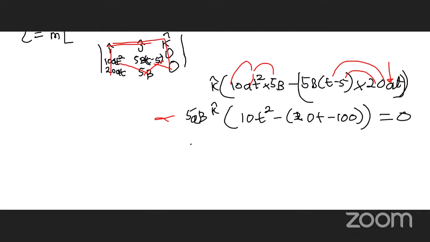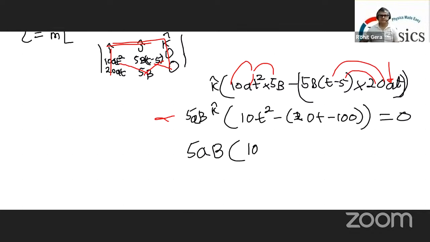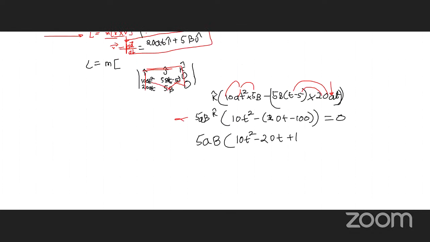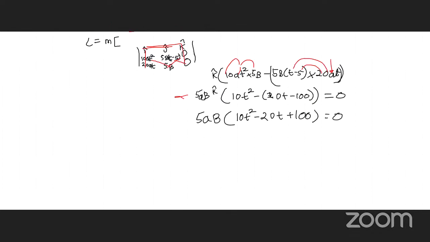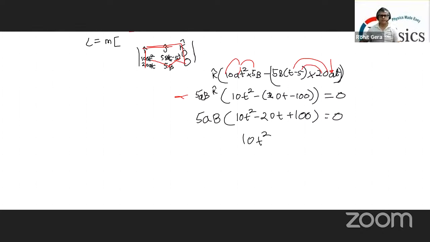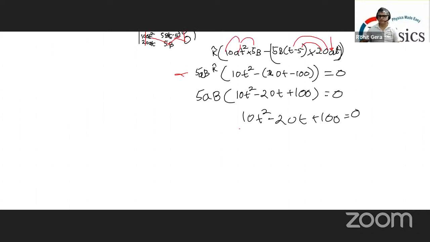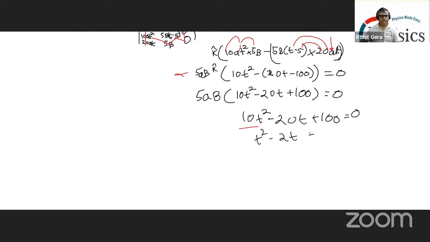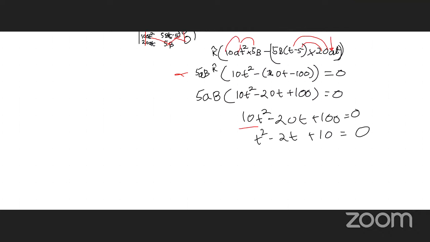Alpha beta equals 10 t square minus 20 t plus 100. 10 common, t square minus 2t plus 10. The roots are irrational.